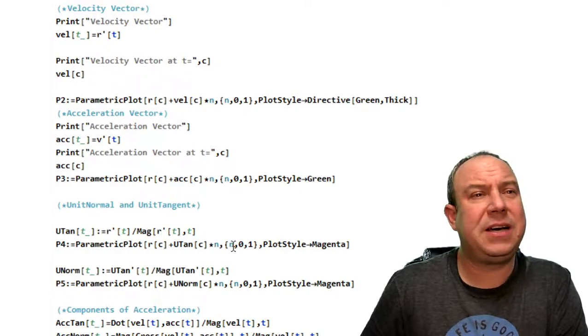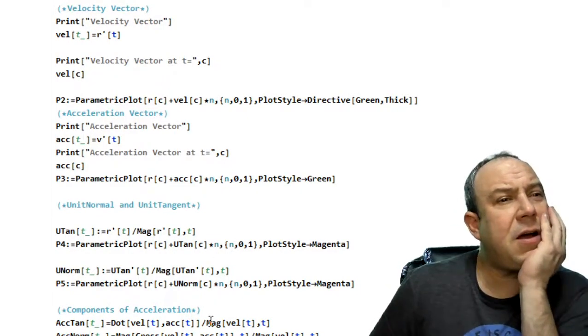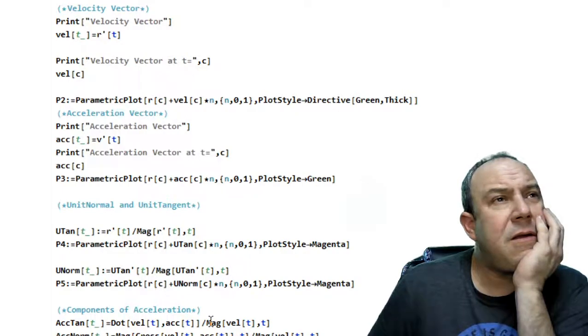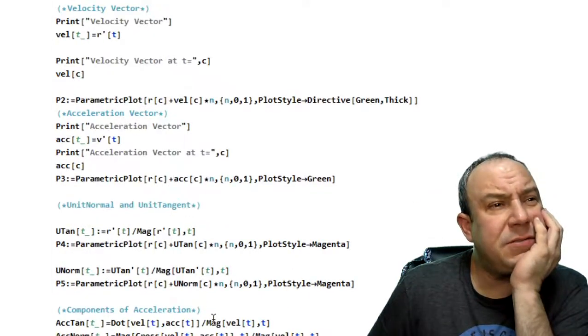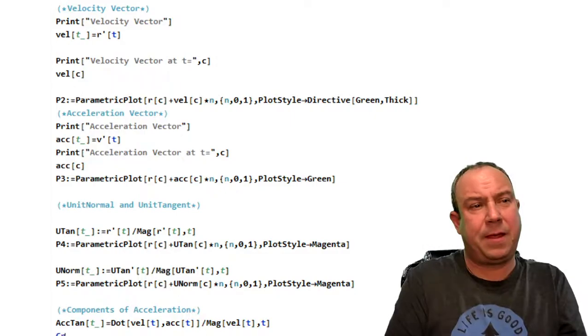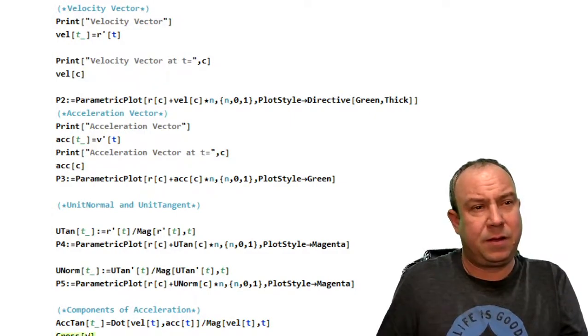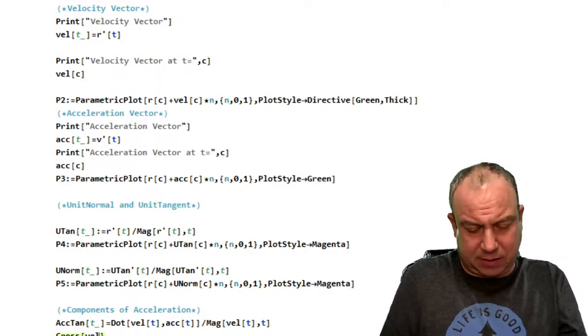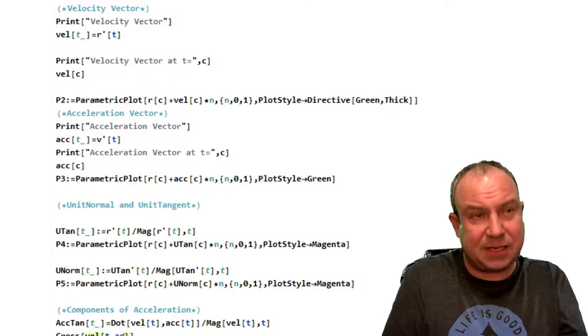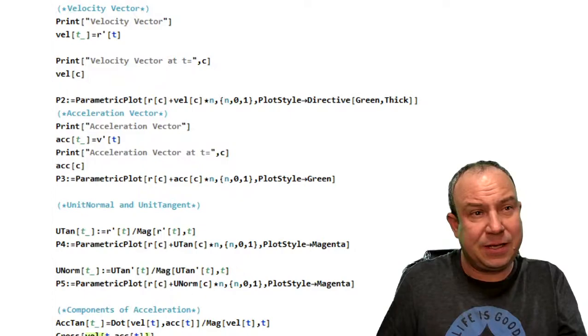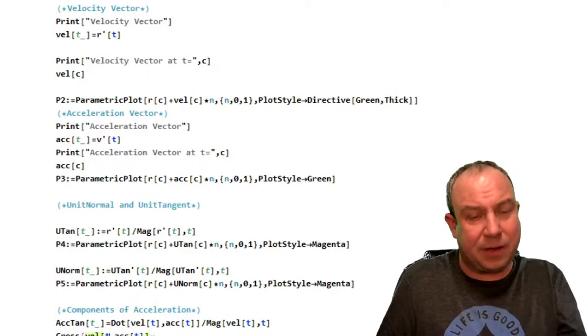Is it because these are not three-dimensional vectors? Let's explore that cross product for just a moment. Take the cross product of the velocity with the acceleration of t. And I missed my bracket here.